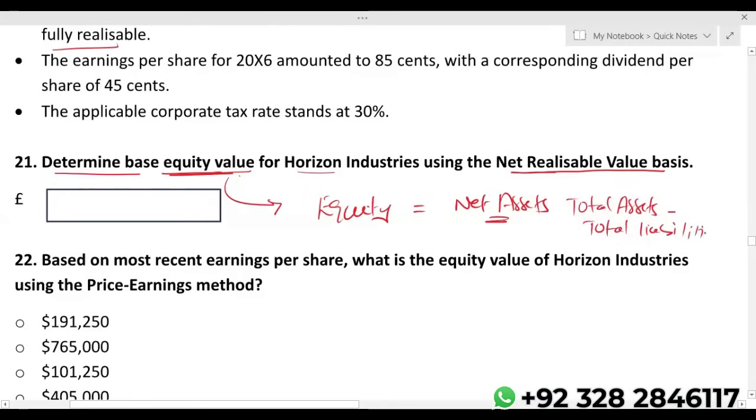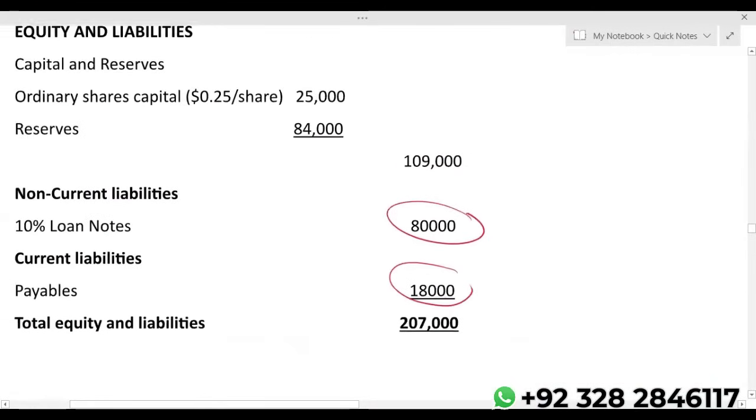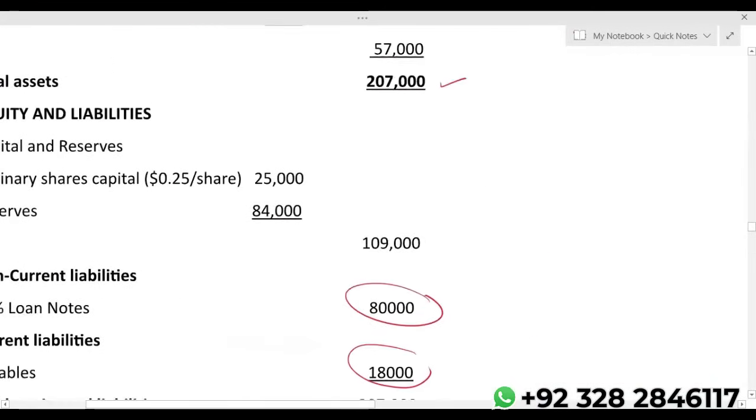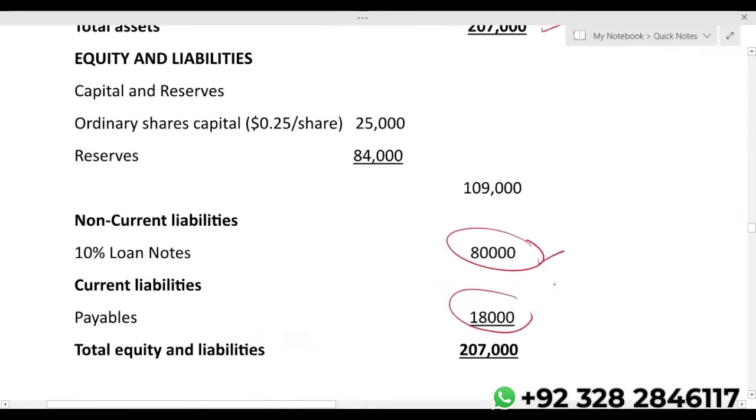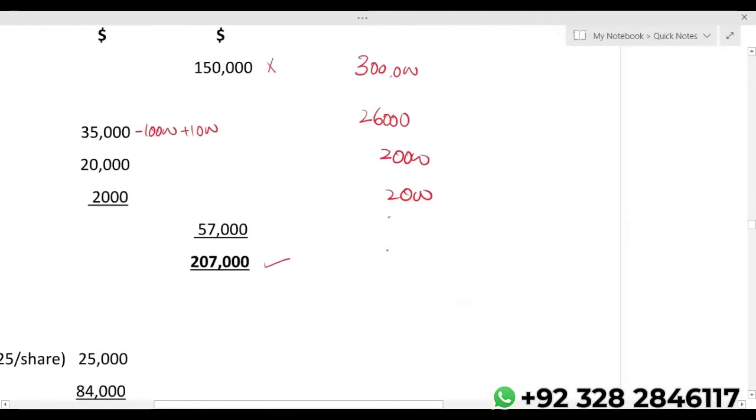So the examiner is asking what is the base equity value, meaning what is the minimum value of equity using net realizable values. Equity is equal to net assets, which means total assets minus total liabilities. We have got 80,000 loan notes and 18,000 payables. The total liabilities are 98.